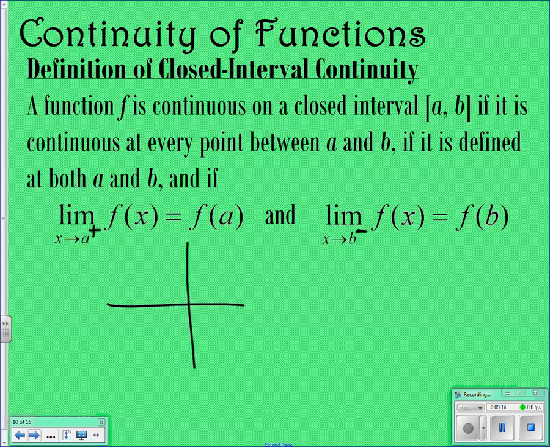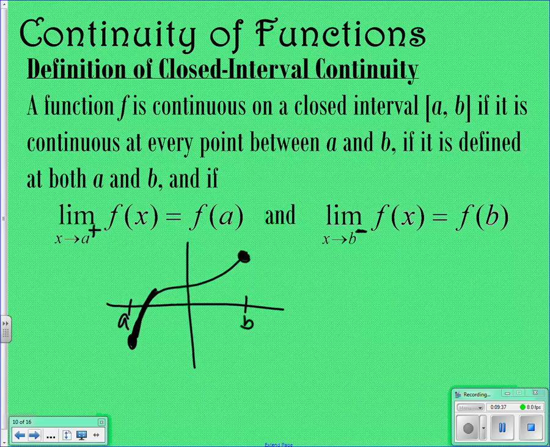So if I draw a function and it's going to be closed, so we're coming from the right here. This is my a value, and that's my b value. And so the limit of the function as I approach a from the right has to equal whatever the f of a is.